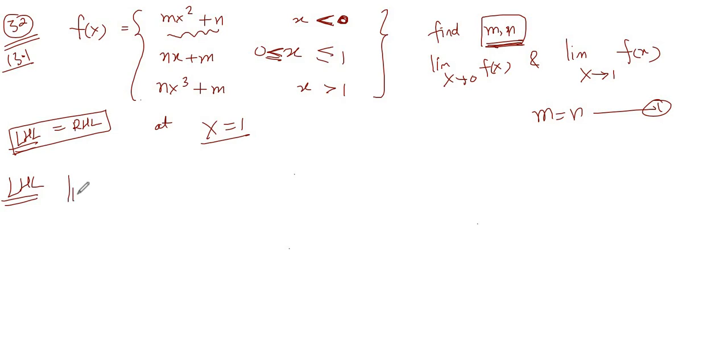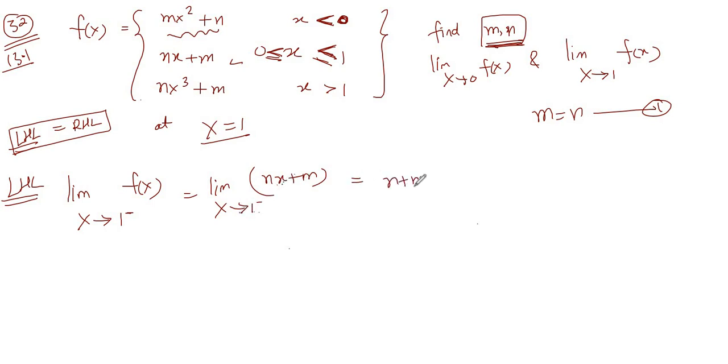So let's find LHL, the limit as x tends to 1 minus of f(x). 1 minus means where x is less than 1, so this one we will take. It is the limit as x tends to 1 minus of nx plus m. Now put x is equal to 1, so it is n plus m. This is my LHL.